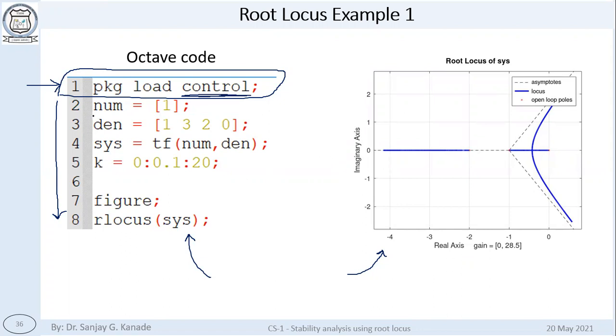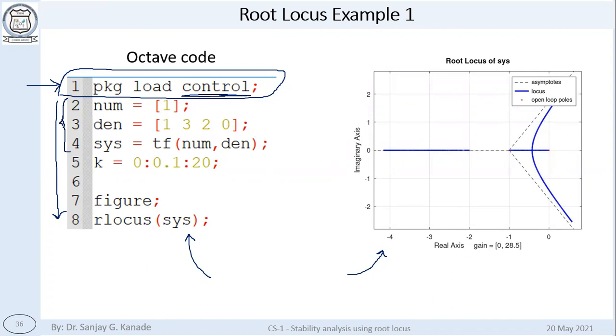The line number 2 is num equal to square bracket 1, and then den equal to square bracket 1 space 3 space 2 space 0. What these two commands are doing is specifying the coefficients of polynomials. These three lines are used for defining our transfer function.